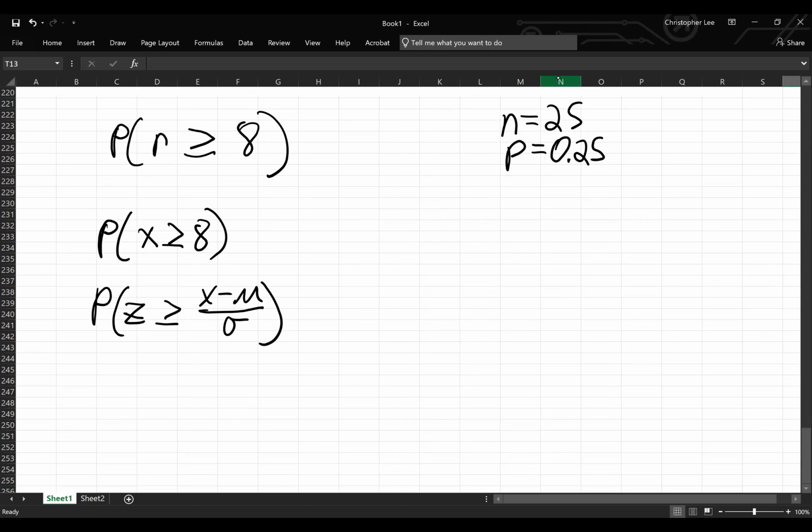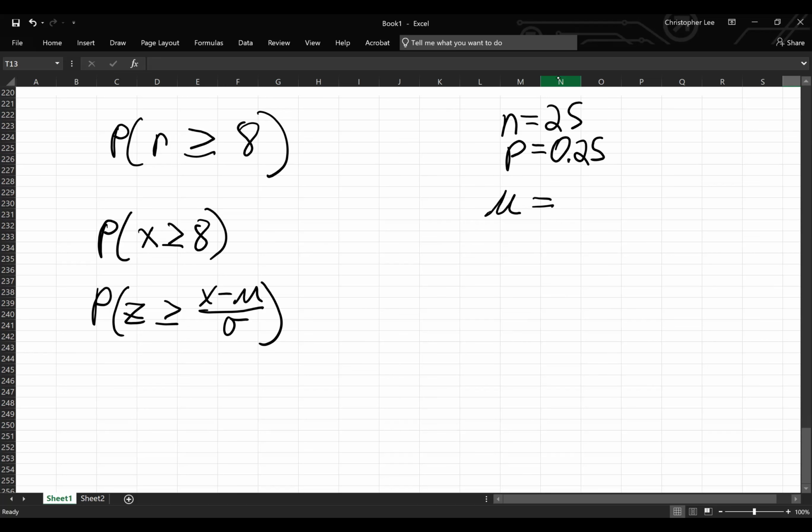But I have a problem though. What happened to mu? What happened to sigma? They didn't give me that in the question. But you remember from the binomial distribution, right? Mu is equal to what? For a binomial distribution. There's a formula for mu. So I'm throwing it back to chapter 6 right now.